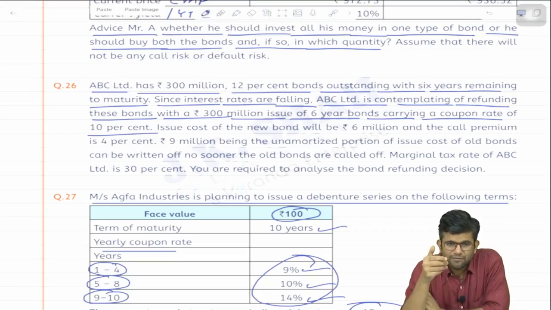Now, this is not some floating interest rate. I hope you are understanding, correct? This is not some floating interest rate. And therefore, if the interest rates fall in the market, the market price of the bonds that Bhavani is holding will go up. I hope you remember. Market price of those bonds will go up because the 12% bonds will start trading at a premium straight away. People will run behind these bonds, correct? Mathematically also you understand. For someone like Bhavani, she will get her 12% return.